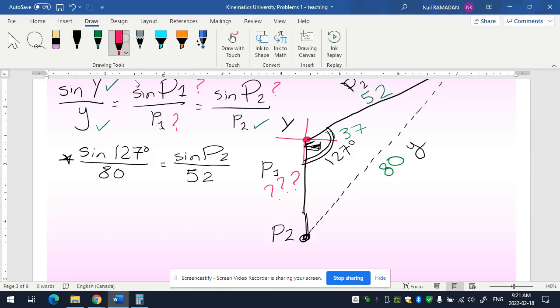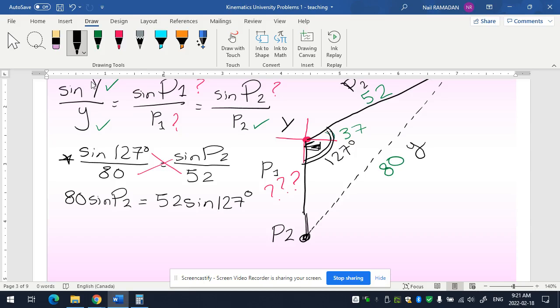Okay, so obviously we have to cross multiply. So we will get 80 times sine P2 equaling 52 times sine of 127. So 80 sine P2 equals 52 sine of 127 degrees.